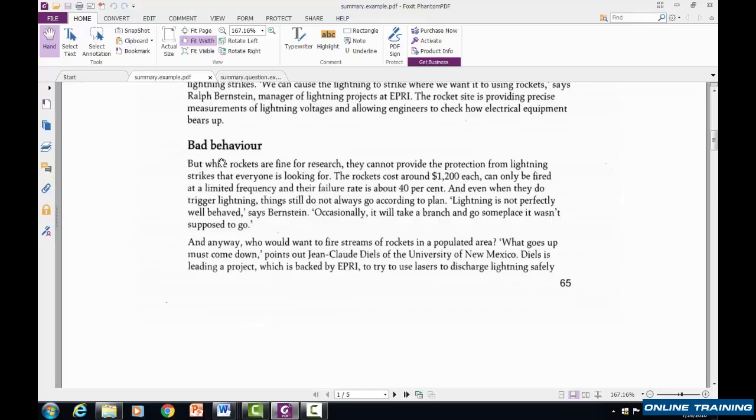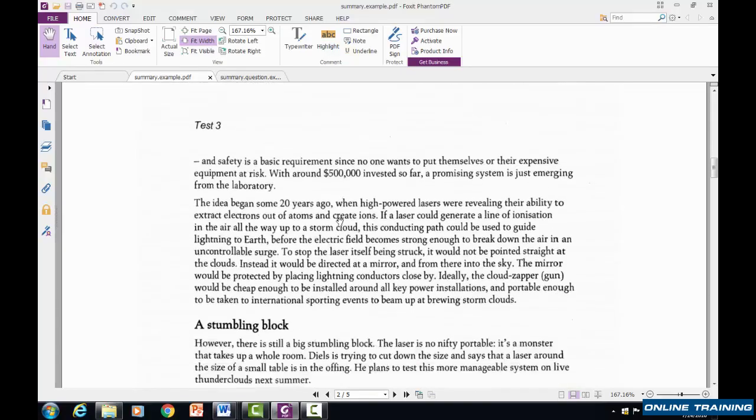That heading of bad behavior let me know that whatever they're talking about in these paragraphs is the dangerous thing. And it looks like in these two paragraphs: but while the rockets are fine for research, who would want to fire streams of rockets in a populated area? So it seems like the bad thing they're talking about is rockets. So the lasers are less dangerous than rockets.